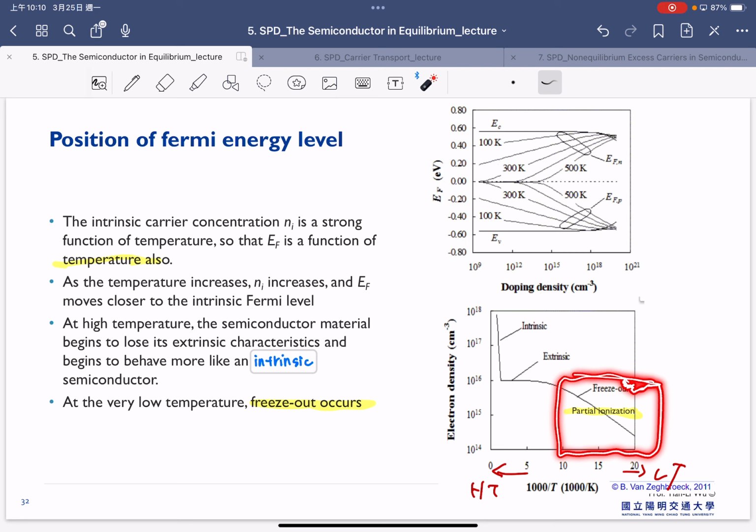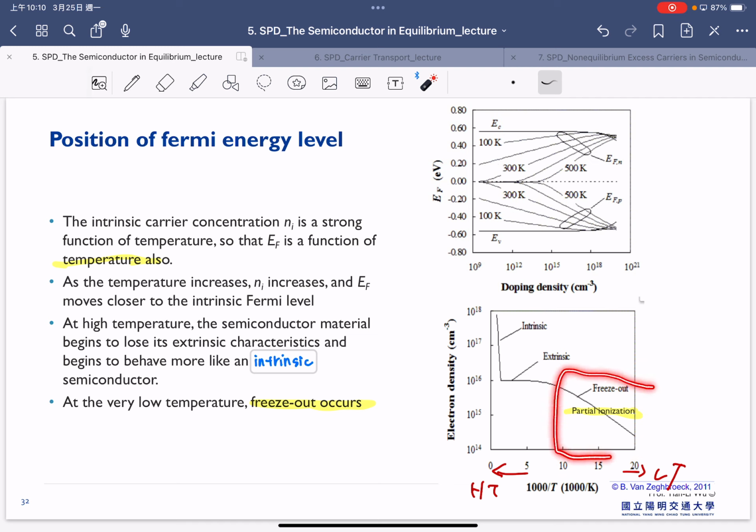In the case of quantum computing, we usually have to operate our semiconductor device below like 20K, sometimes below 4K, even below 1K, because in that extreme condition, the material can exhibit very special, unique properties that we can use for quantum computing.